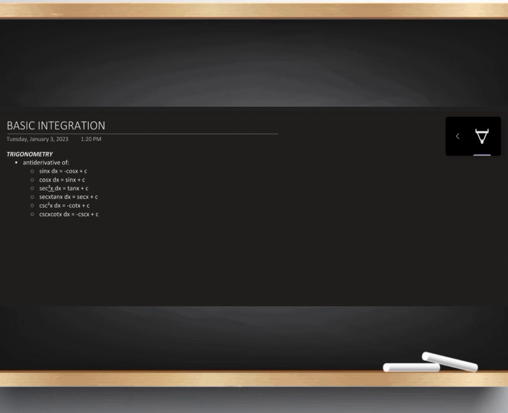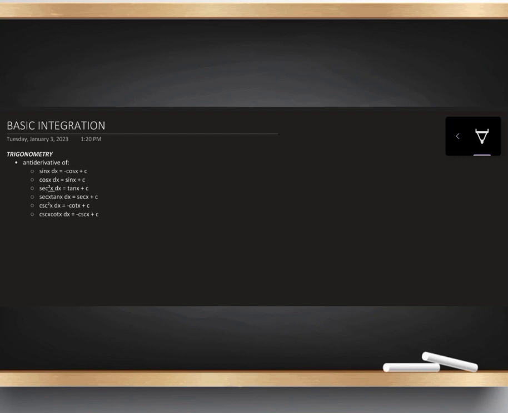Cosecant squared x dx is negative cotangent x plus c. And cosecant x cotangent x dx is negative cosecant x plus c. As we can see, this is simply the opposite, or we just have to switch the positions in the original formulas of the derivatives of trigonometric functions.